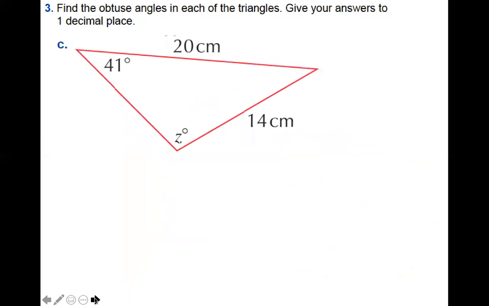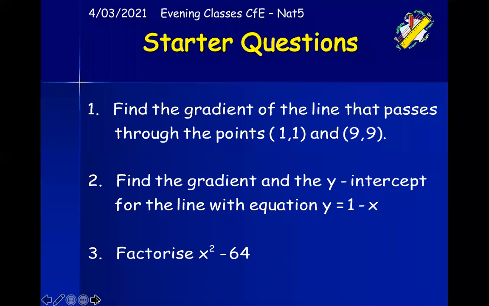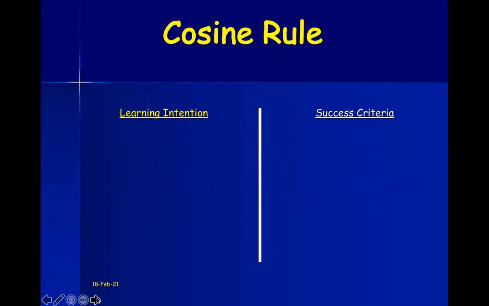Okay. So this is very similar. Find the obtuse angle. Yeah, very similar. And we'll do this next week. So next week we'll do another trig one, cosine rule.